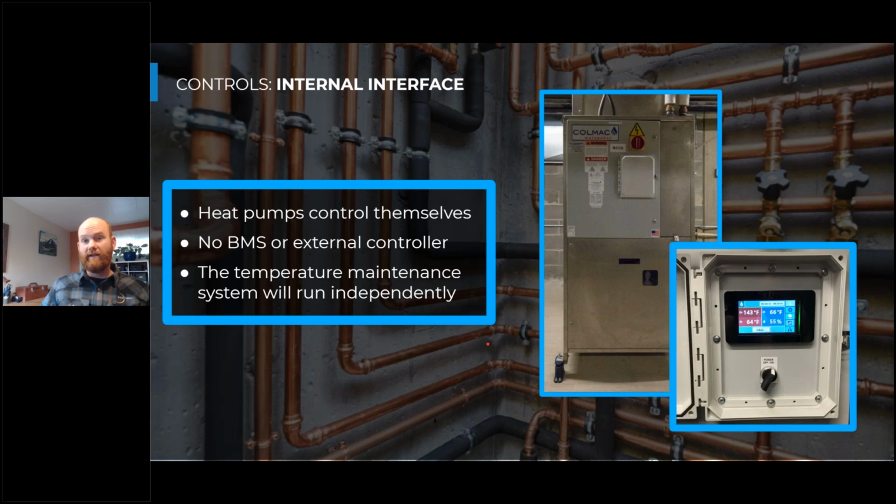The temperature maintenance system, if it's a dedicated temperature maintenance system or a dedicated heat pump water heater for that temperature maintenance system, it's likely running independently and controlling itself here too. So this is definitely an option. I think all manufacturers have a heat pump that has controls built in and is capable of doing everything necessary to provide hot water to multifamily buildings.